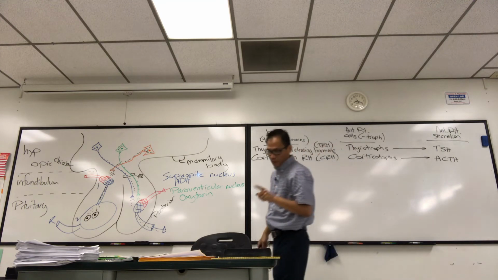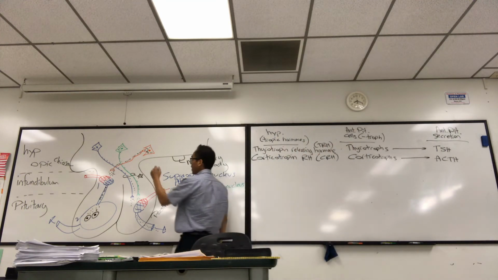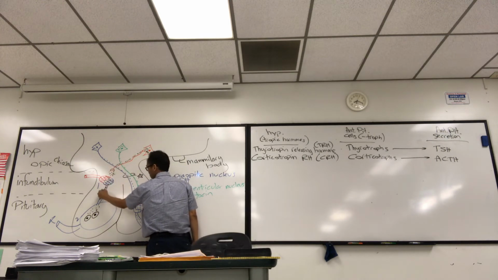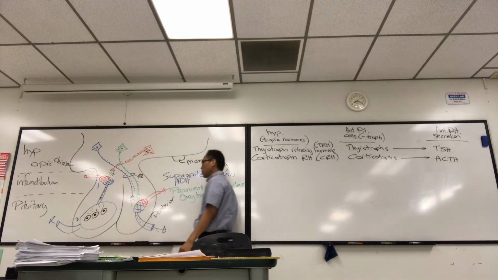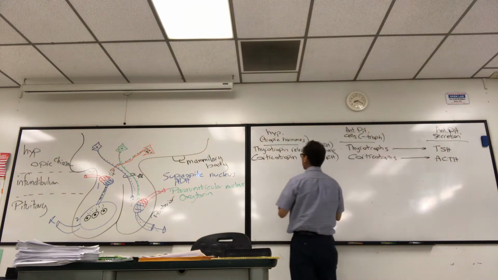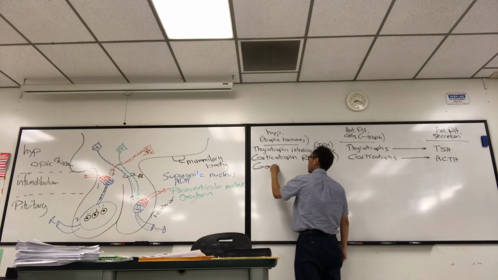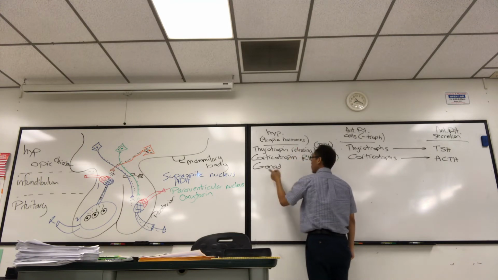Okay, there's another tropic hormone here. Gonadotropin-releasing hormone. Again, same song and dance. Made up here. It goes to the portal system. There are cells in cap bed 2 called gonadotropes. So let me write it out here. The tropic hormone is gonadotropin-releasing hormone.